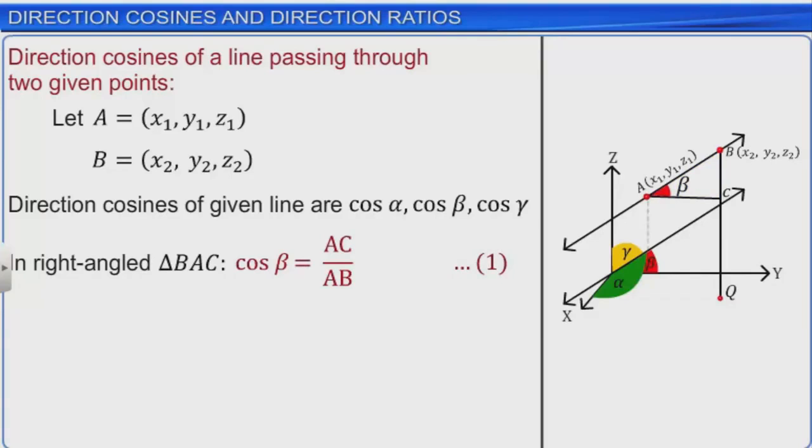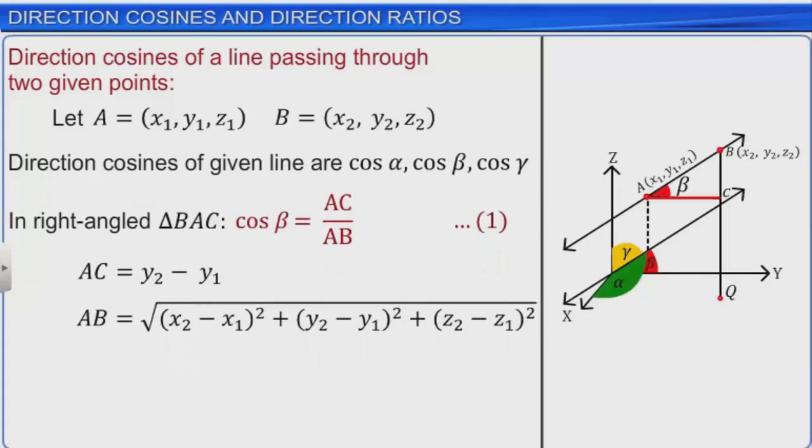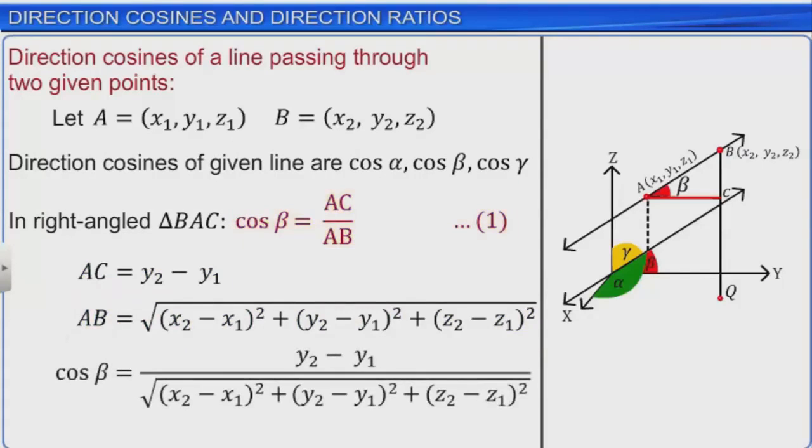From the figure, AC is equal to y2 minus y1. Using the distance formula, we get the value of AB as shown. Substituting the values of AB and AC in equation 1, we get the value of cos beta as shown.